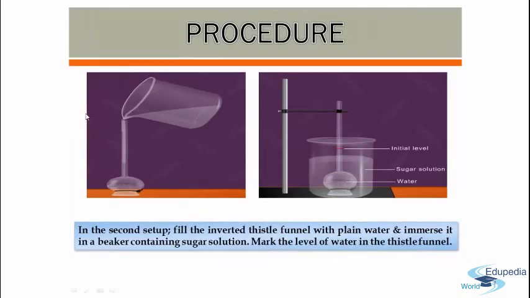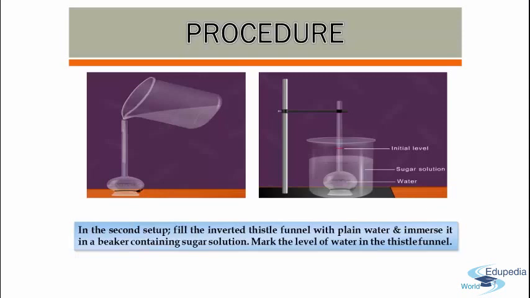This is our setup 1. Then in the second setup, we have to fill the inverted thistle funnel with plain water and immerse it in a beaker containing sugar solution. In the previous setup, we inserted the thistle funnel containing concentrated sugar solution into a beaker containing water.